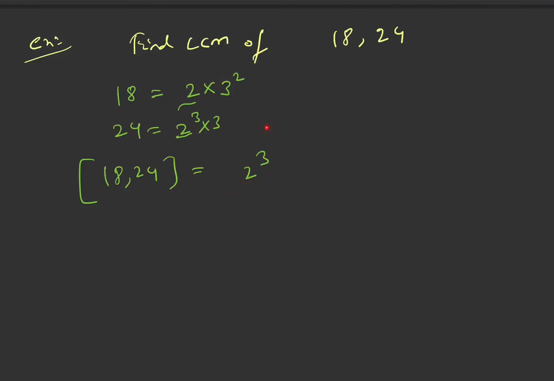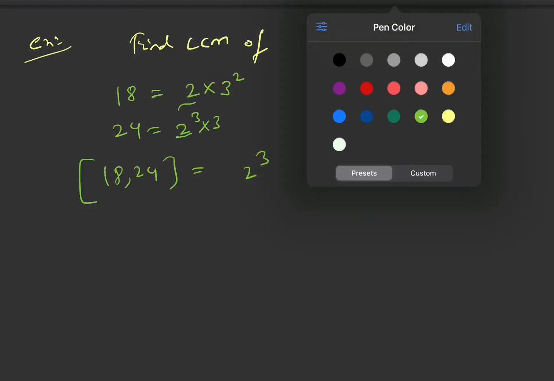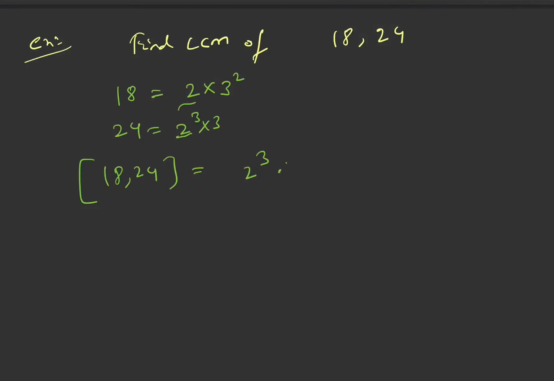That is the least common. You can also take 2 power 4, which is also divisible by 2 and 2 power 3, but we need the least possible, so I am taking 2 power 3. Similarly in 3, the least possible number such that 3 square and 3 are divisible by it is 3 square. So this is 8 into 9, which is 72. So 72 is the LCM of 18 and 24.